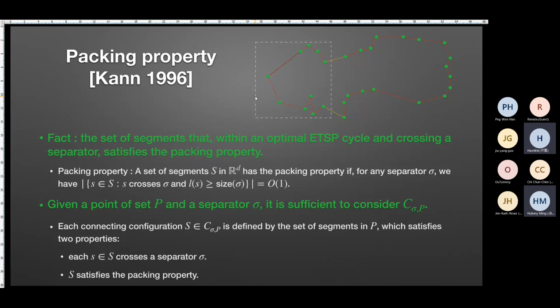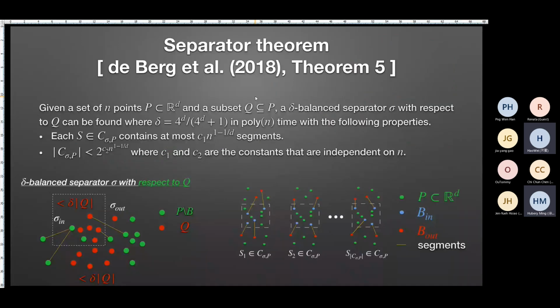So Chen actually used this packing property to design a separator theorem. Okay, what is the separator theorem? Given a set of points P in d-dimensional Euclidean space and a subset Q belonging to P, we can find a delta-balanced separator with respect to Q. That means we could use the separator to partition the set Q evenly, and we could find the separator in polynomial time.